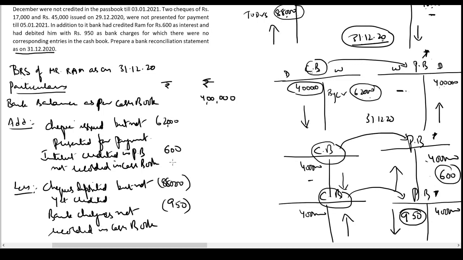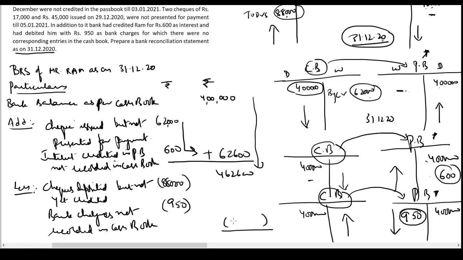Now the transactions are over, so we can complete. The total of plus items will come here. 62,000 plus 600 is 62,600. Add these two items and write it here: 4,62,600. The total of less items will come here, 88,950 rupees.